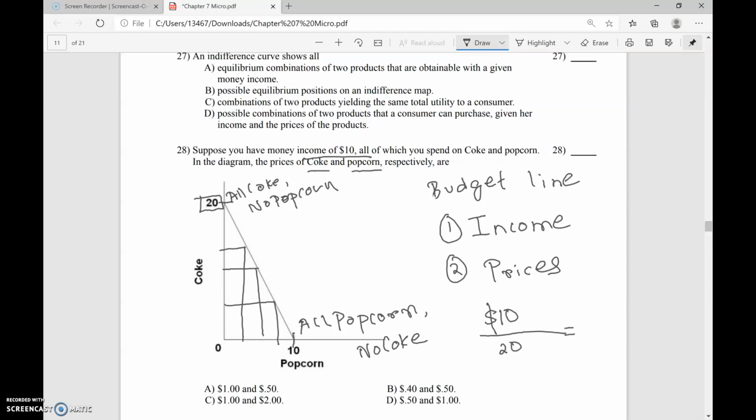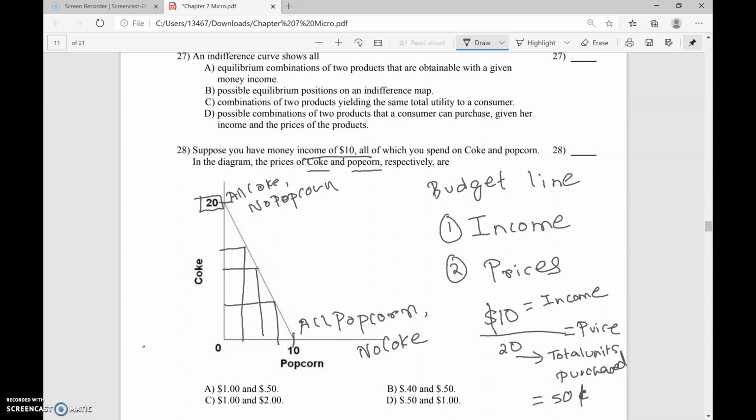So the price of Coca-Cola is equal to $10, which is the total money income of this person over the total units purchased. So this is equal to 50 cents. Okay. Now, what is the price of popcorn?